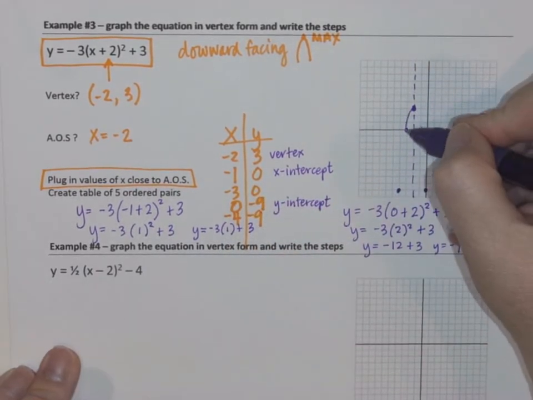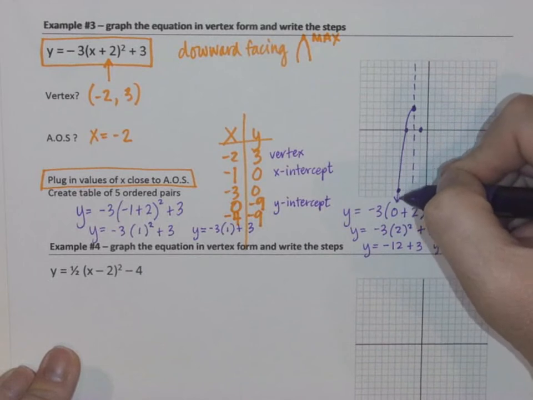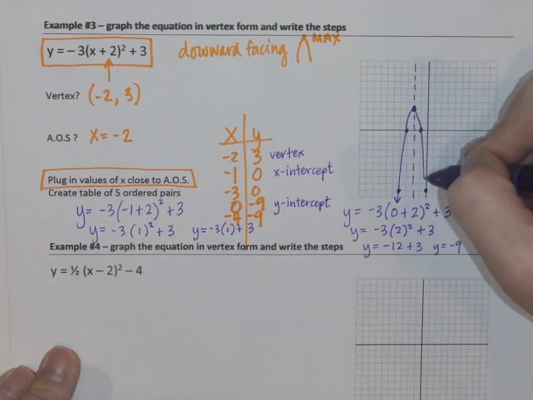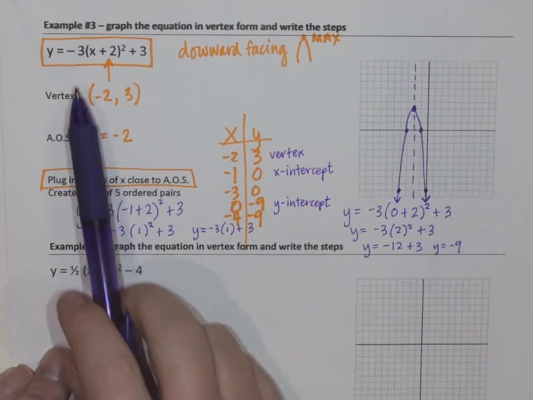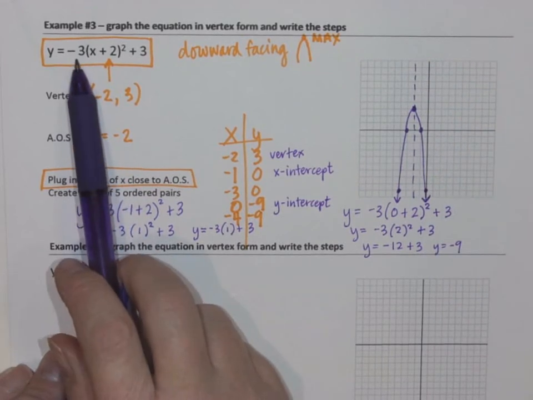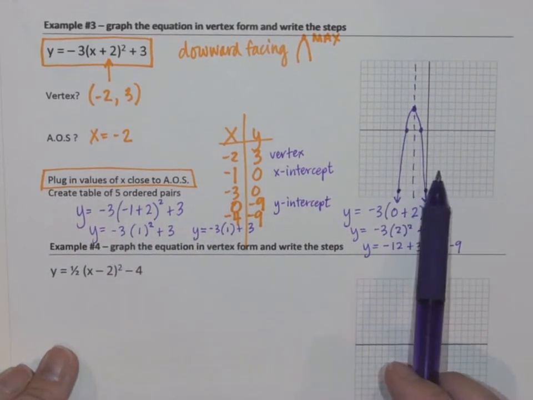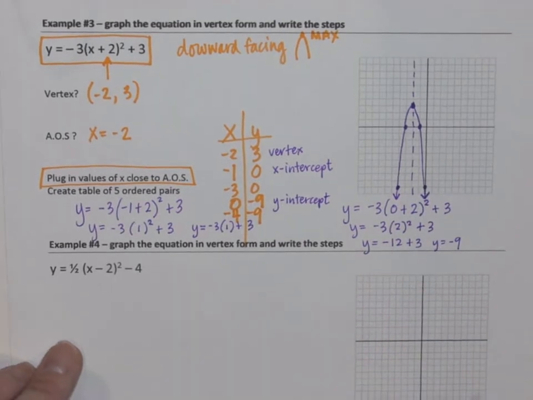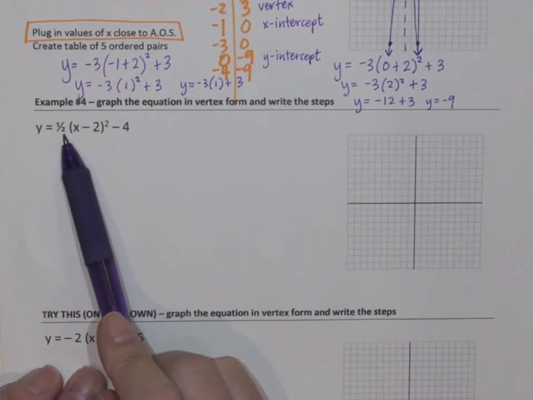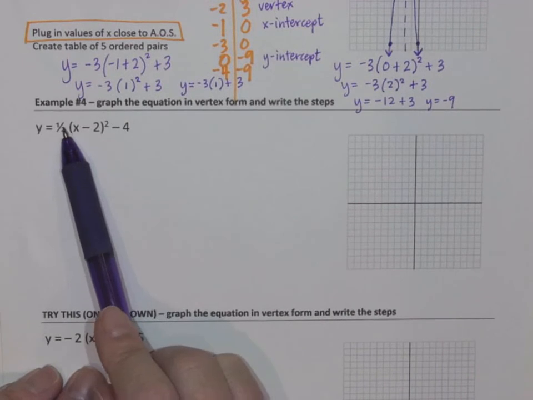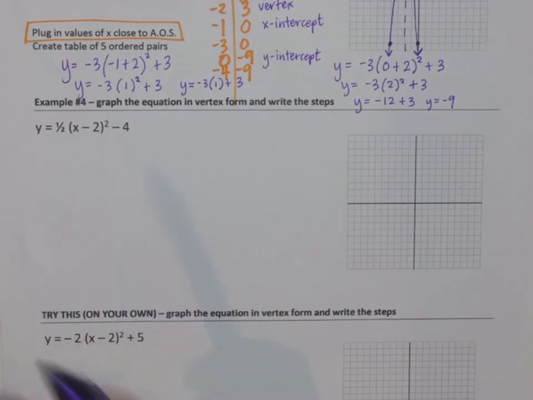And now I get to connect these and put arrows on the end. So as I mentioned at the beginning, because my a value is greater than 1, it's a much skinnier curve. Okay, now if you take a look at example number 4, which I'm not going to get into, you should be able to tell that because the a value is 1/2, we would have a much wider or much more open curve.